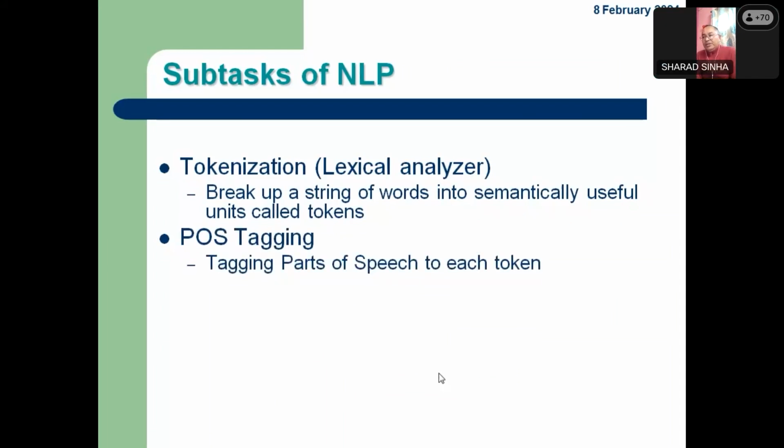Tagging the parts of speech in each token. Sometimes this POS is written in lower case. This is very, very important, and we cannot do that randomly. To deal with POS tagging, we need some standard tag set, and that standard will be defined by some group of experts in that particular language, and that has a name also.